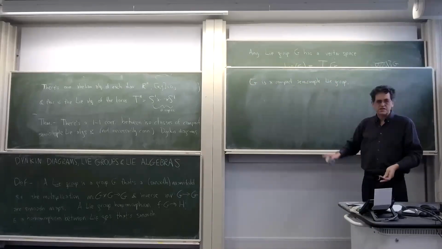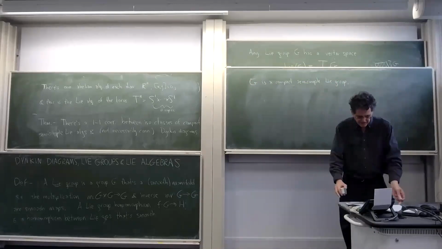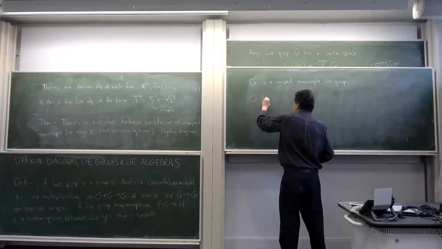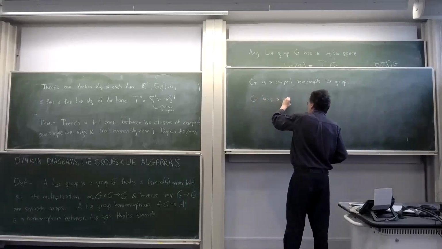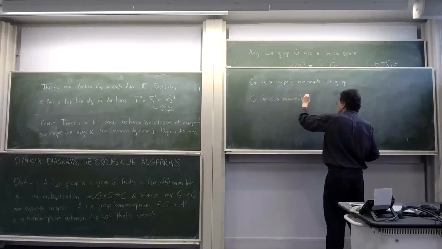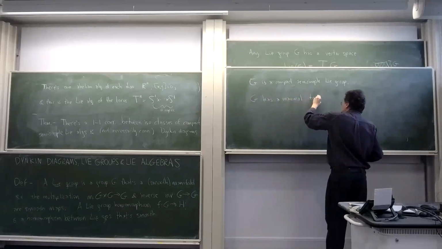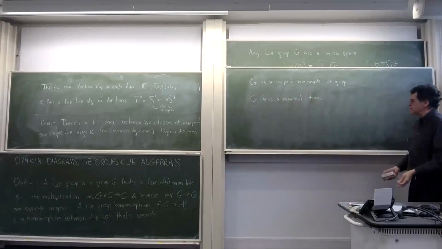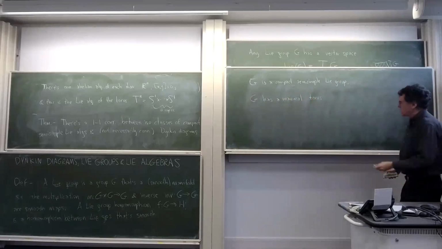So its Lie algebra is going to be one of these compact semi-simple Lie algebras. But the more interesting first step is that G always has a bunch of subgroups that are tori. And it always has a maximal subgroup that's a torus, the biggest possible subgroup that's a torus.